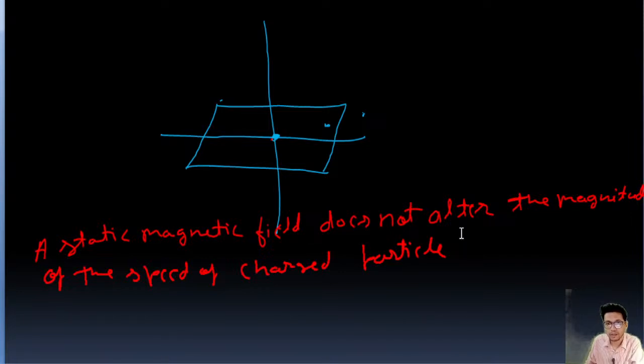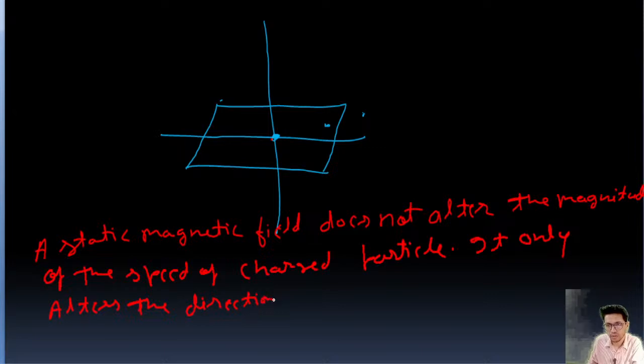It only alters the direction of motion. So if there is a static magnetic field, it does not change the magnitude of the speed of the particle, it only alters the direction of motion.